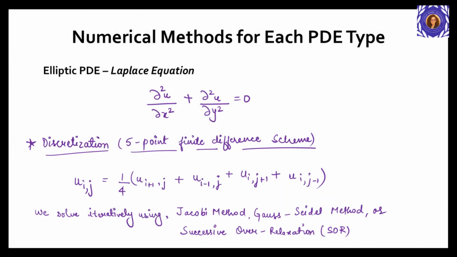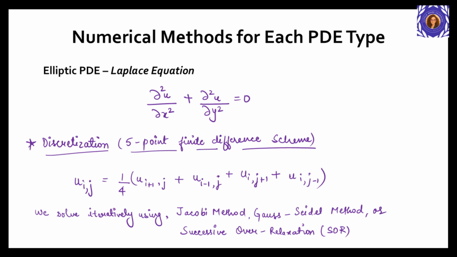Finally, we have the elliptic equations, with the Laplace equation being the classic example. This type of PDE typically describes steady-state systems like electrostatic potential, steady heat distribution, or incompressible fluid flow. Elliptic PDEs are time independent, which means we are solving for a spatial distribution that doesn't change with time.